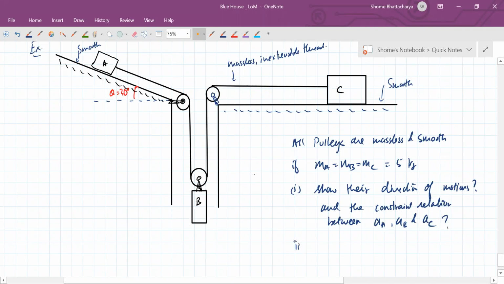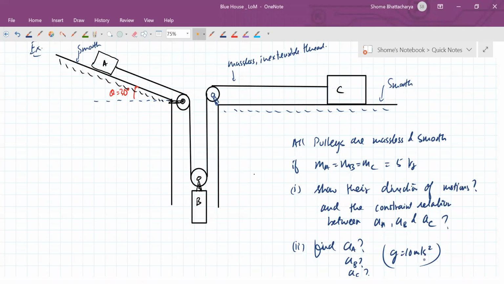And second part, find these accelerations. Take g as 10 meters per second square. So just try this out. This is actually an easier question, but with the application of that thread length conservation constraint that we were discussing.